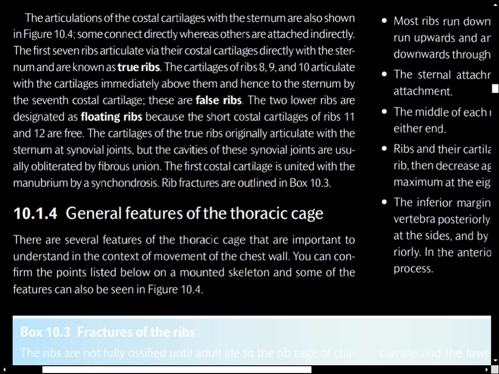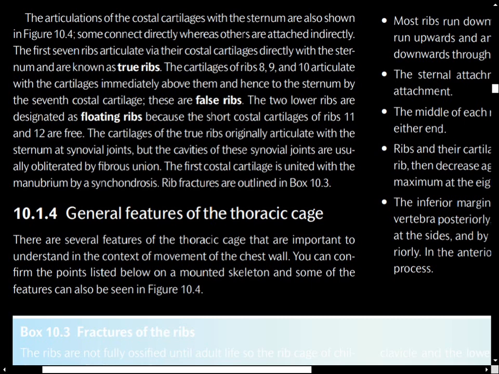The articulations of the costal cartilage with the sternum are also shown. Some connect directly whereas others are attached indirectly. The first 7 ribs articulate via their costal cartilage directly with the sternum and are known as true ribs.